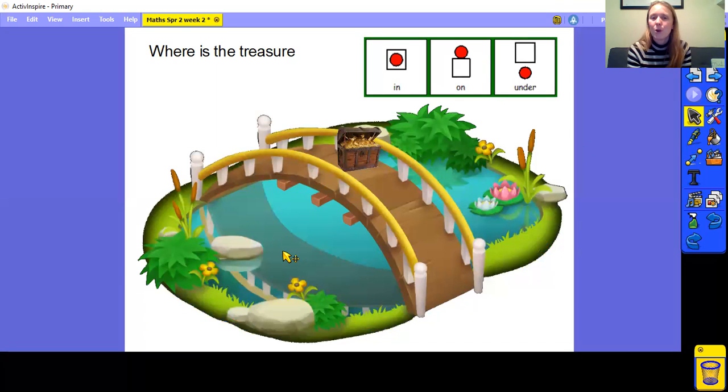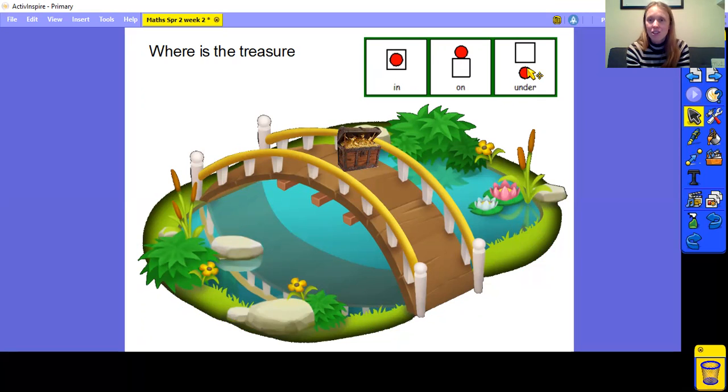Let's see if you can work out where the treasure is. Is it in something? Is it on something? Or is it under something? Pause the video and talk to your grown-up about where the treasure is. Then come back and we'll search for it together.